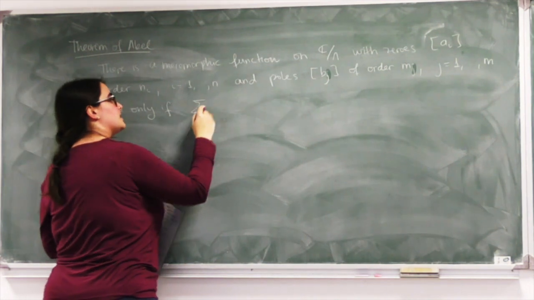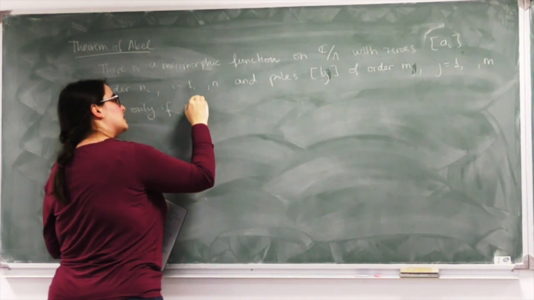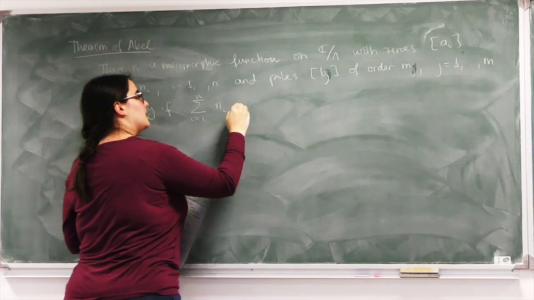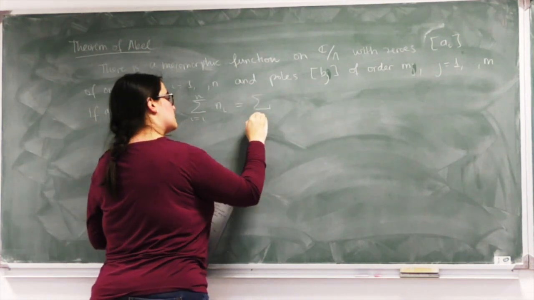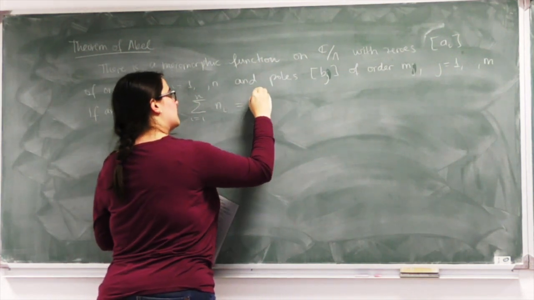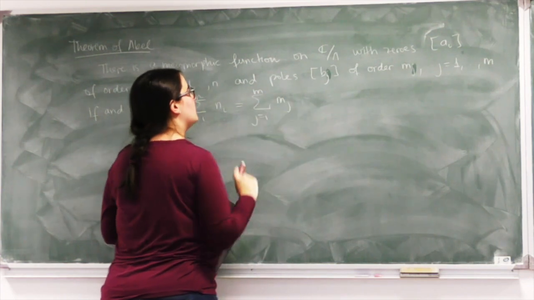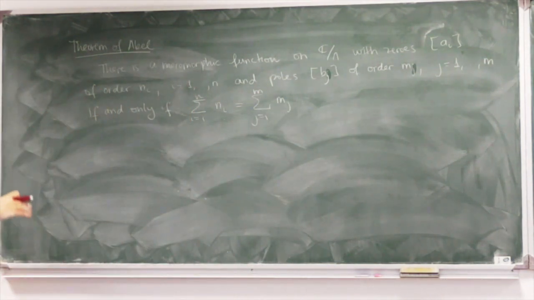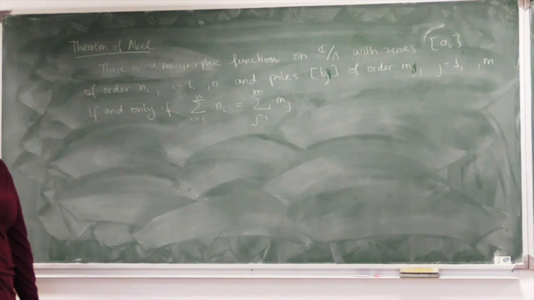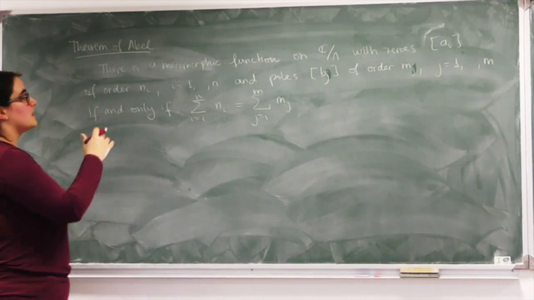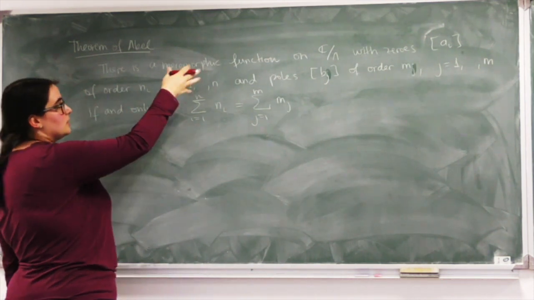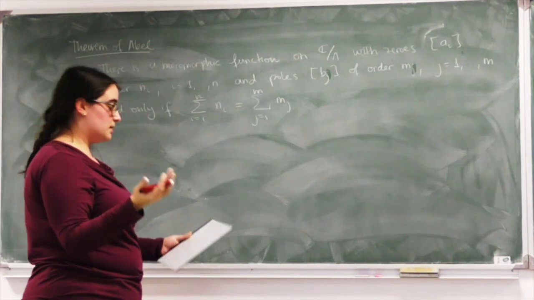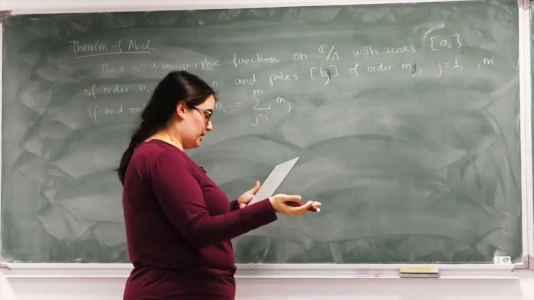The first one is that the sum for i equal 1 till n of n_i is equal to the sum for j equal 1 till m of m_j. So basically it means, for those more familiar with divisor statements, that the divisor corresponding to this function is of degree 0, which makes sense because it has to be the divisor of a function.